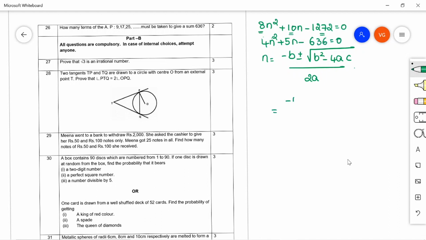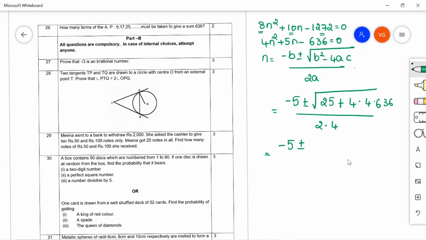So now substitute minus 5 plus or minus square root of 5 square, that is 25, minus 4 into a, which is 4, into c, which is minus 636, so that will become plus here, divided by 2 into a, which is 4. So try to simplify. This will be minus 5 plus or minus, if you solve this one, this will give you 101, divided by 8 here.